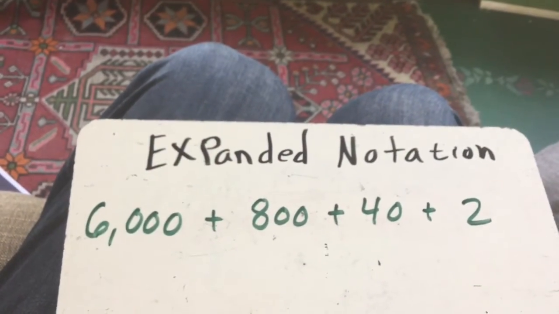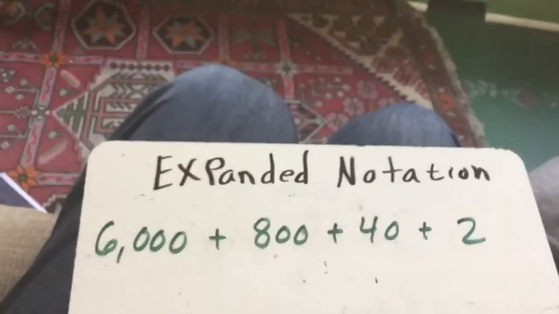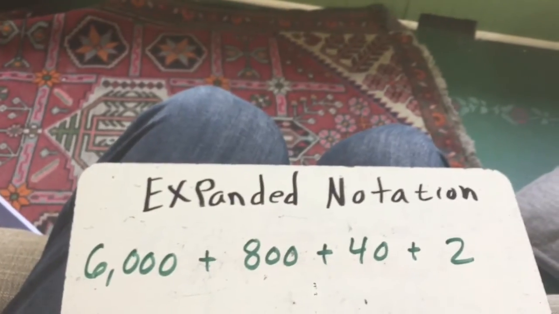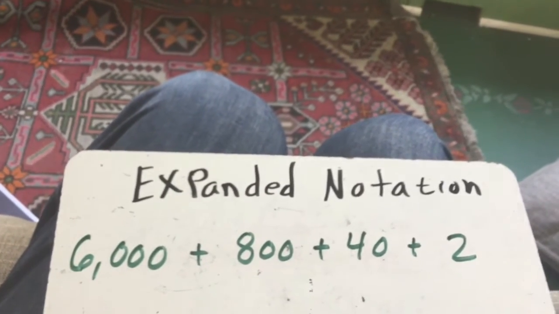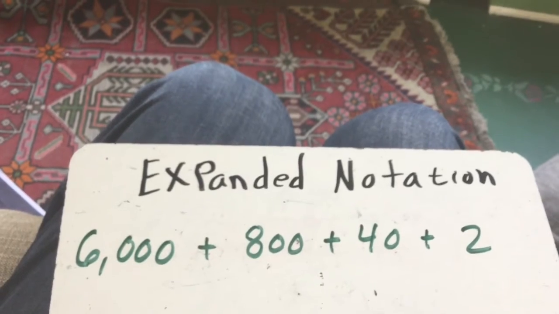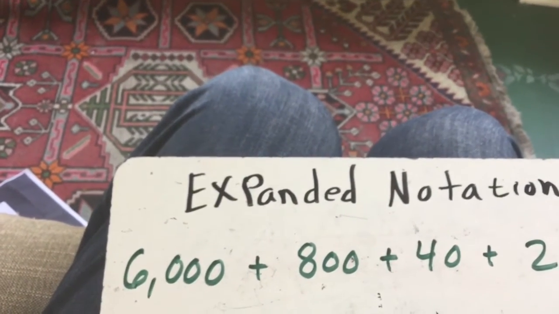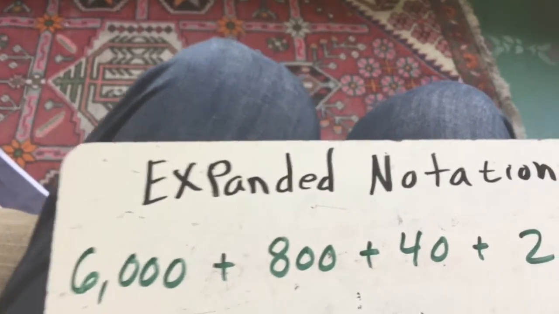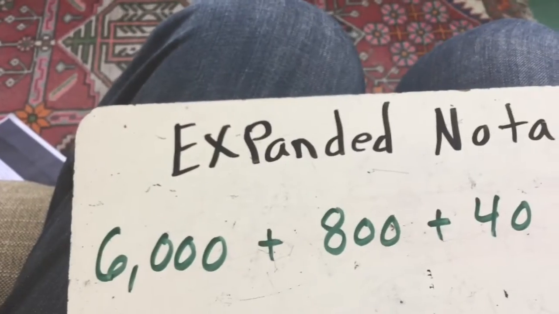Okay. I want to do 2 more examples because I want to make sure you know what to do. Pretend I gave you this in green on your paper. You have to solve it. 6,000 plus 800 plus 40 plus 2. Okay, remember 6,000 is our biggest number, so I need 4 places in my answer: ones place, tens, hundreds, and the thousands.